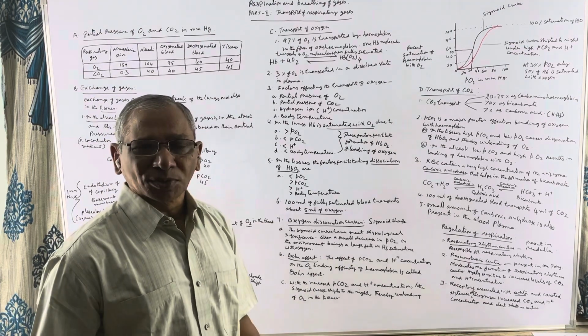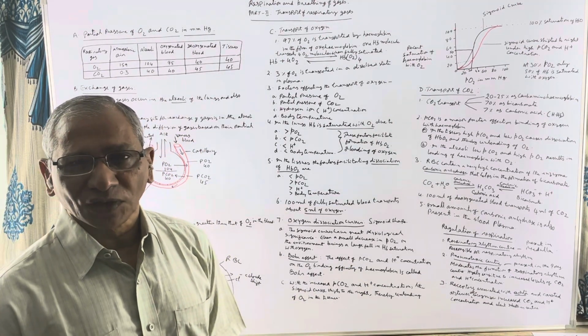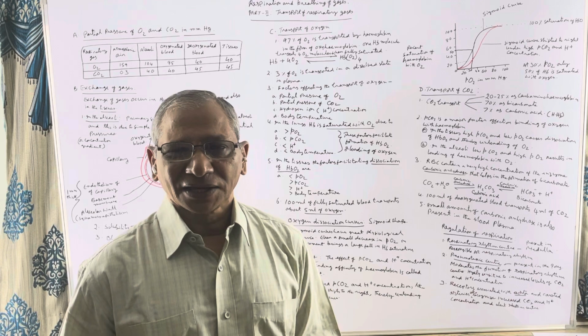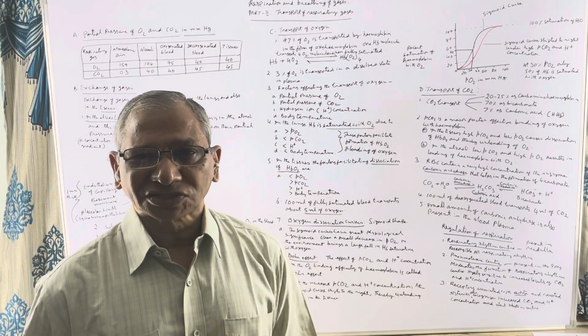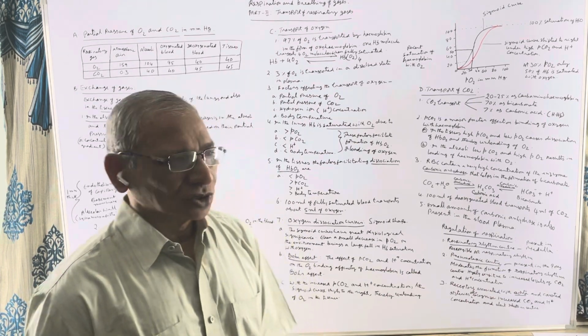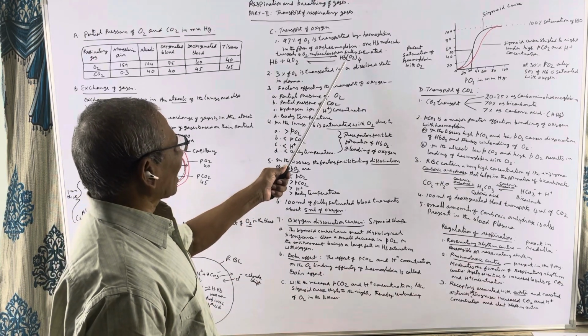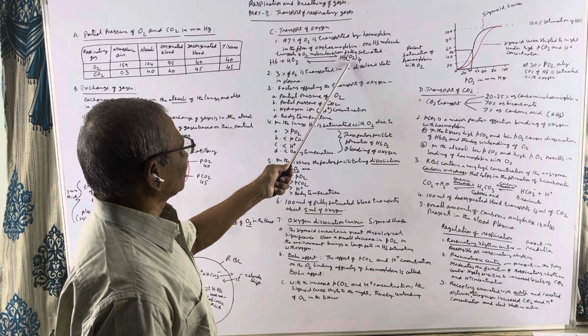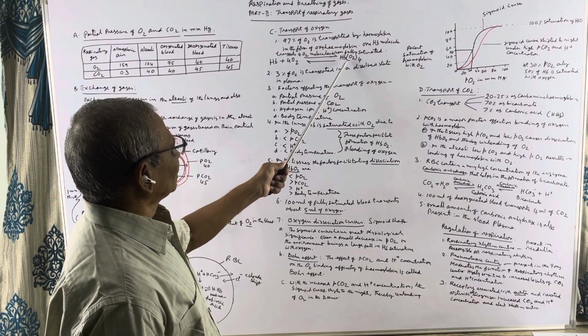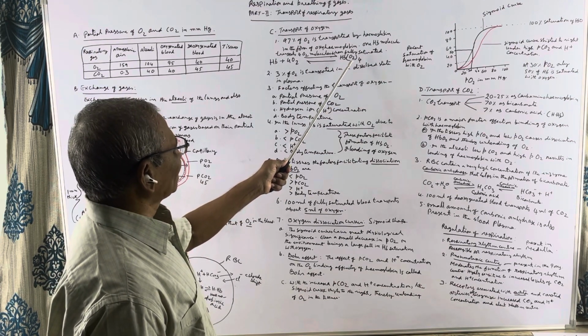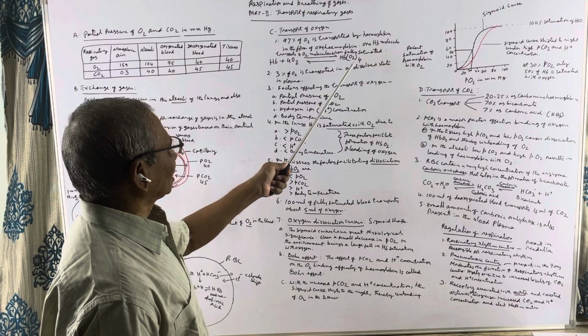One hemoglobin molecule, when fully saturated, can combine with 4 oxygen molecules. So when oxygen combines with hemoglobin, it forms oxyhemoglobin. This is oxyhemoglobin. When fully saturated, this hemoglobin carries 4 oxygen molecules.